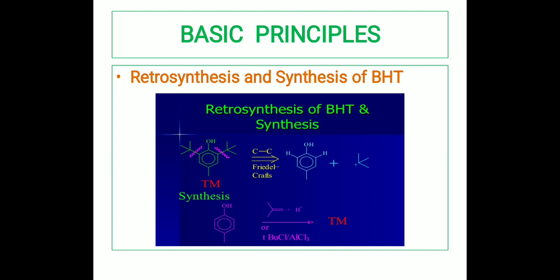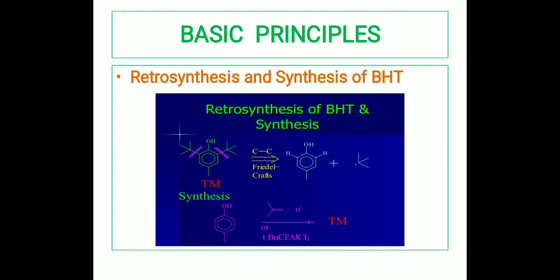A suitable reagent is going to be a halide ion attacking the electrophile. When a bromide ion, Br minus, or a Cl minus attacks the electrophile, we are going to get tertiary butyl chloride as the synthetic equivalent, and we are going to have para-hydroxytoluene as the other synthetic equivalent.